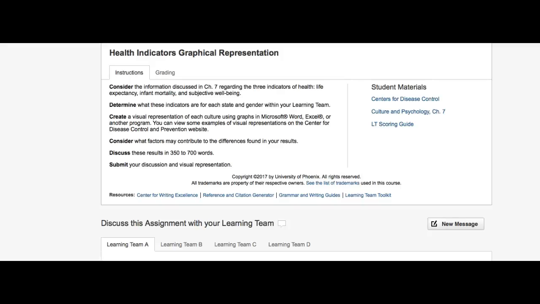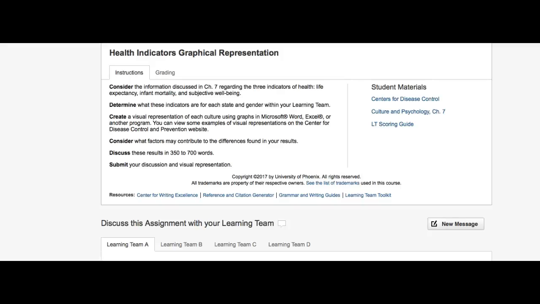And then consider what factors contributed to differences you found in your results. In other words, you're going to learn from the research and then write a short narrative, 350 to 700 words, where you kind of say, here are some factors that might contribute to why the data was different in each of these states.